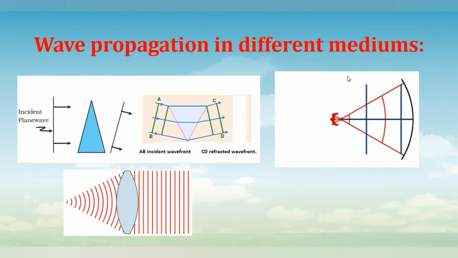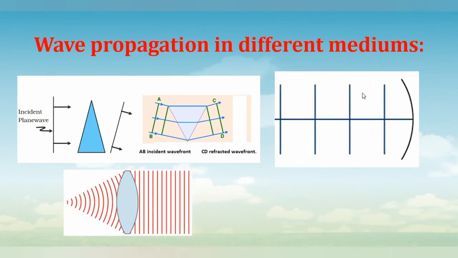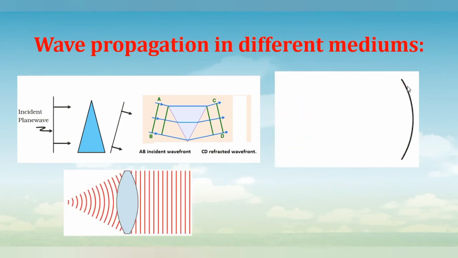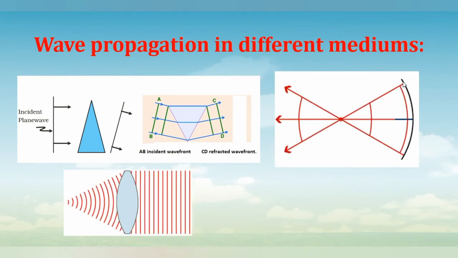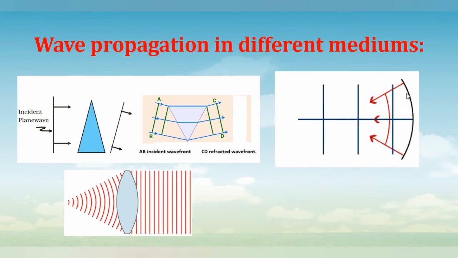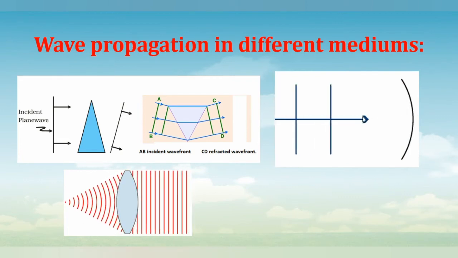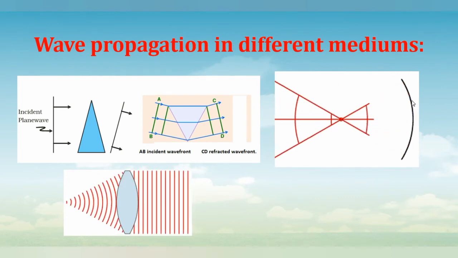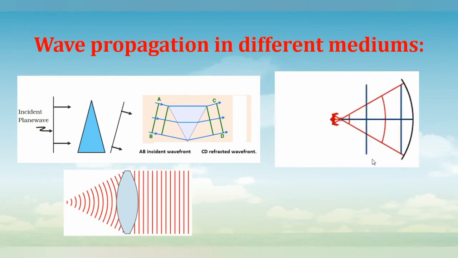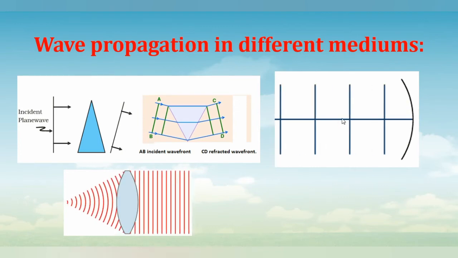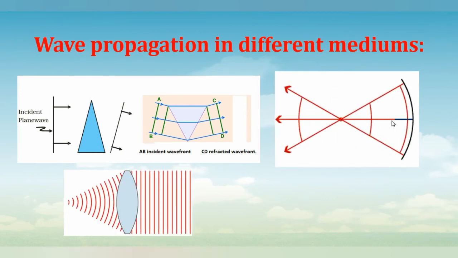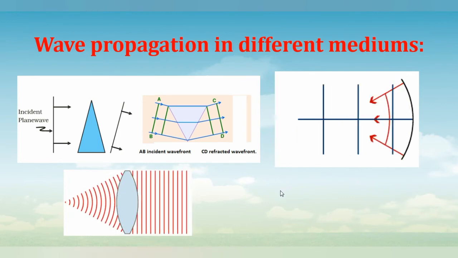The upper and lower parts of this wavefront touch the mirror first, so they are readily reflected back from this surface, but the middle portion of this wavefront has to travel more distance, so that the reflected wavefront converges to one point. This is what we can observe here. So the reflected wavefront will be a converging wavefront.